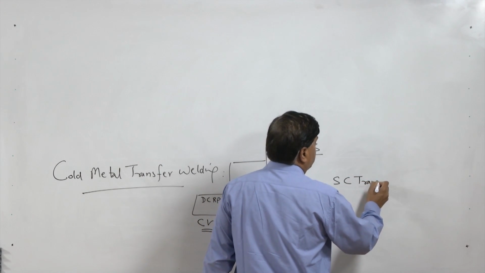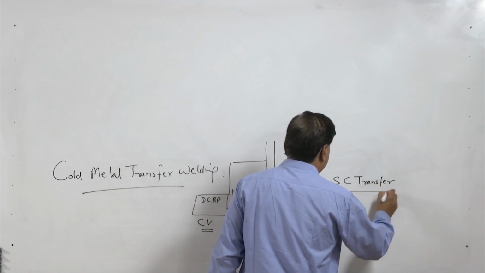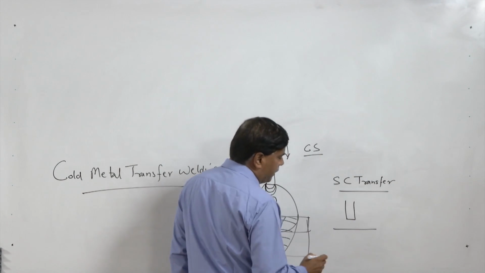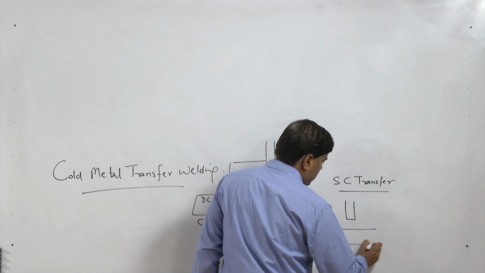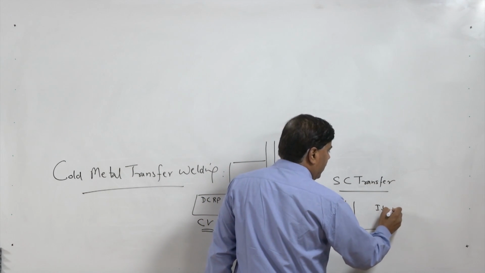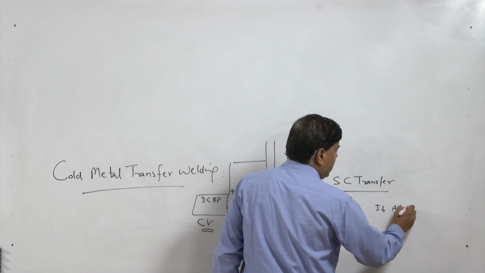In case of the short circuiting mode of metal transfer, the gap between the electrode and the workpiece is very small, the current value is low, and the arc gap is less.